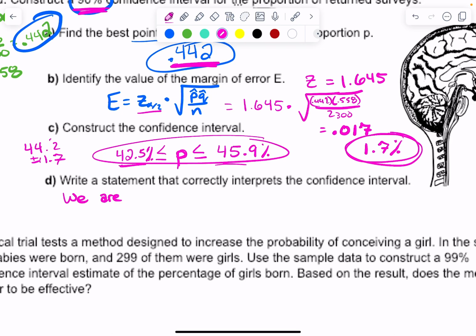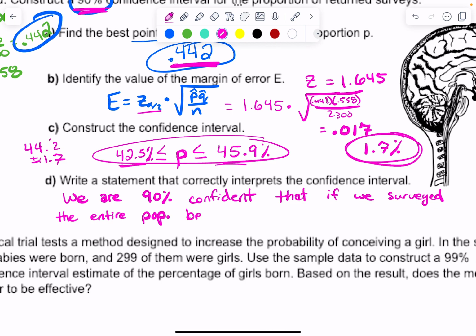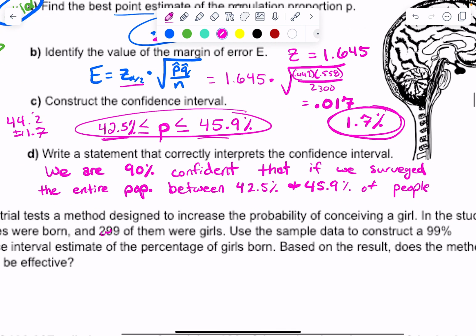We are 90% sure, or I'm going to say 90% confident, that if we surveyed the entire population, between 42.5% and 45.9% of people would return the survey.